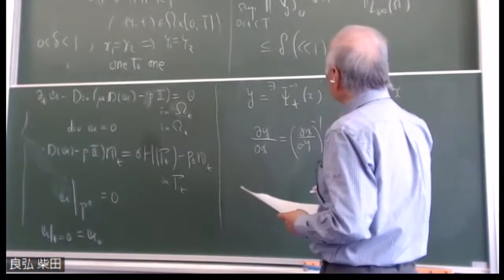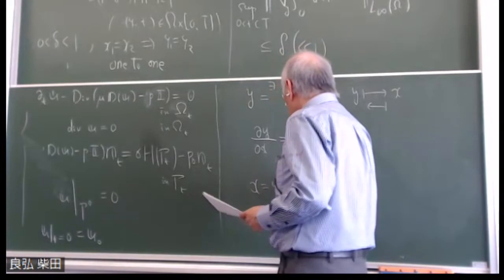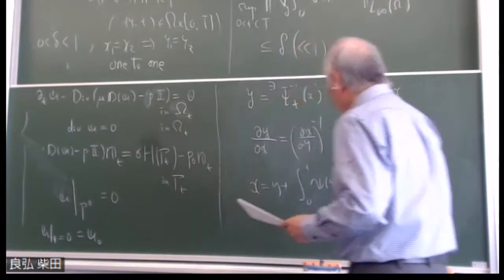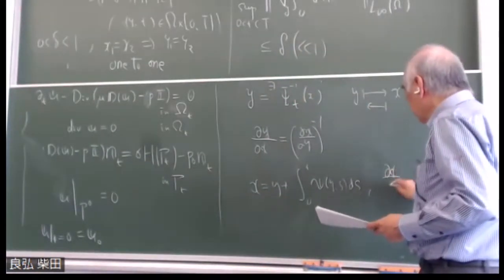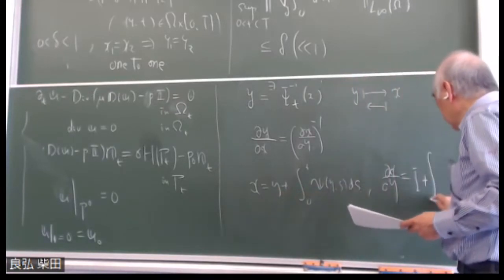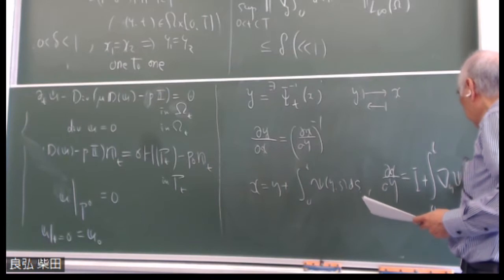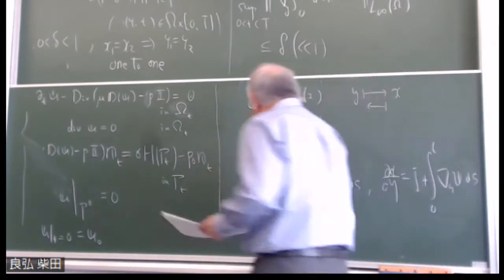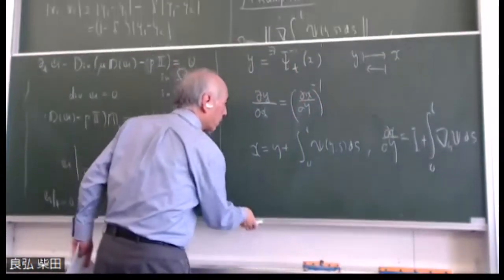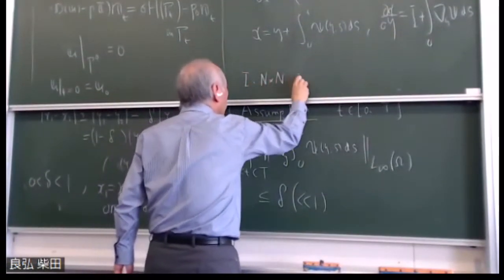It's like x equals y plus the integral from 0 to t of b(y, s) ds. Therefore, dx over dy is the identity plus nabla of y b. And this nabla is an n by n matrix. I is of course the n by n identity.